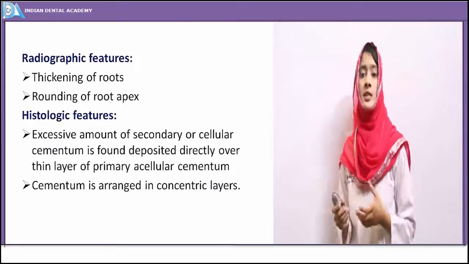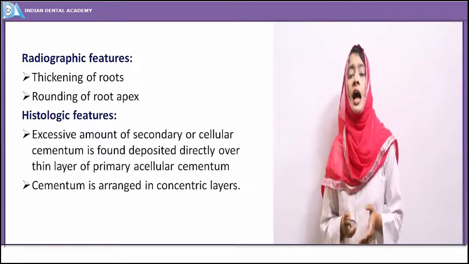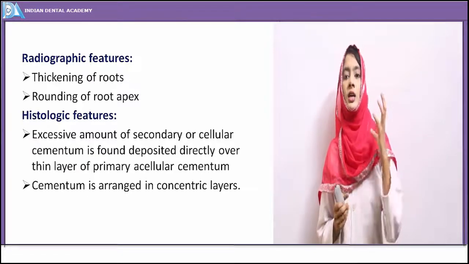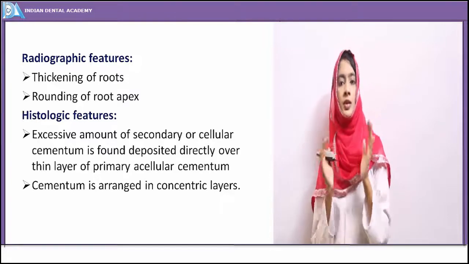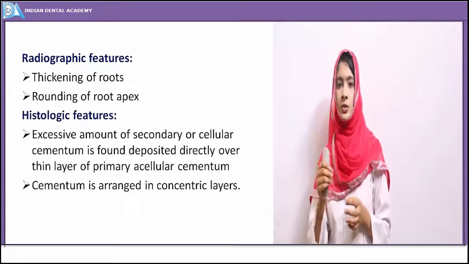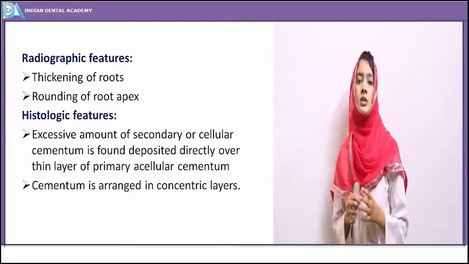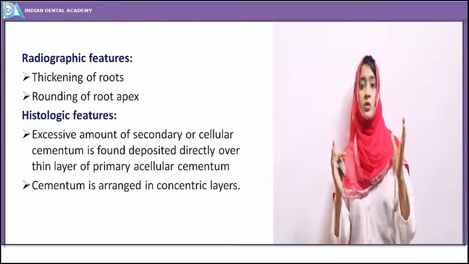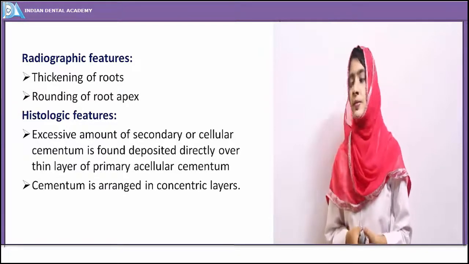The root surfaces appear rounded. Normally the apex is pointed or conical, but here there is rounding of the root apex and apparent thickening, with very bulky roots.